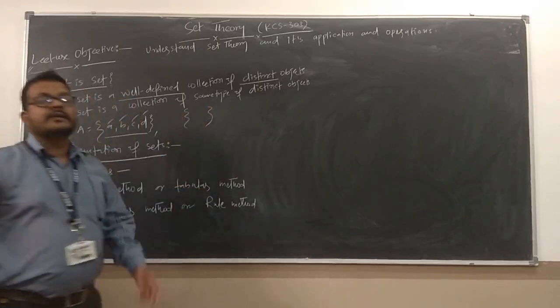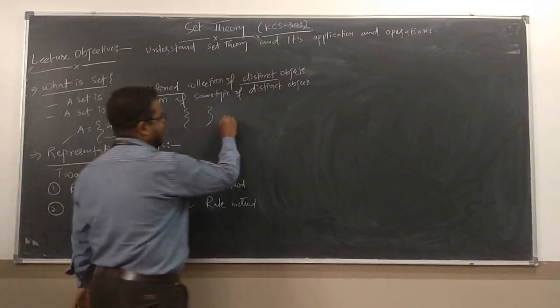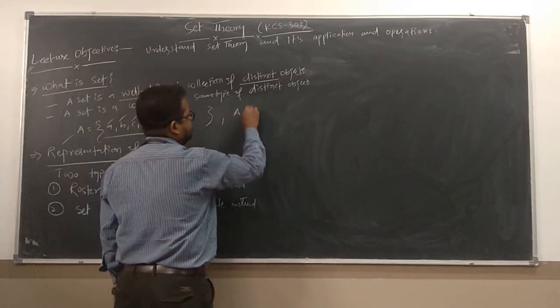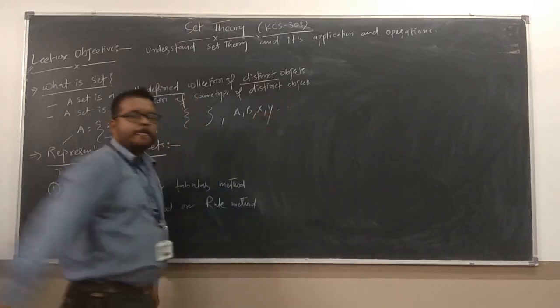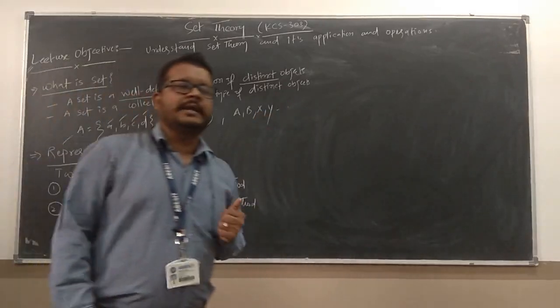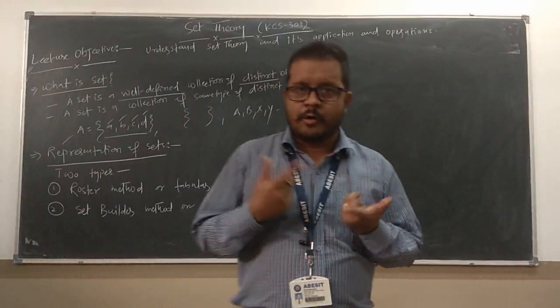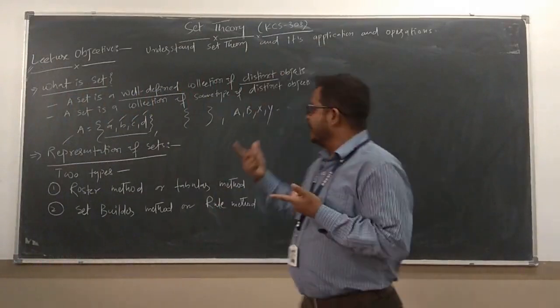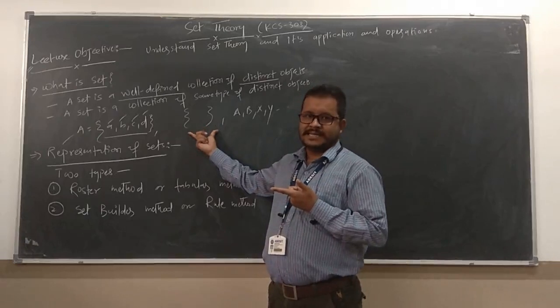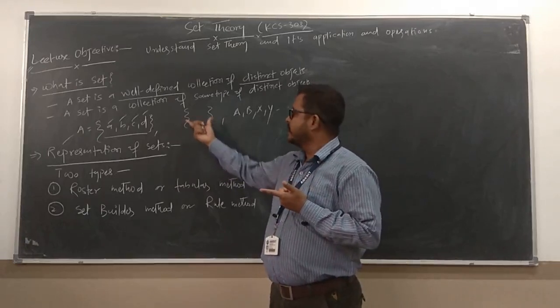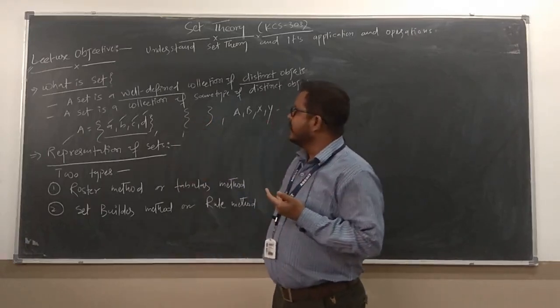They are given a common name such as A, B, X, Y and so on. So, a set can be given a common name and the elements of the set are collected in curly brackets.